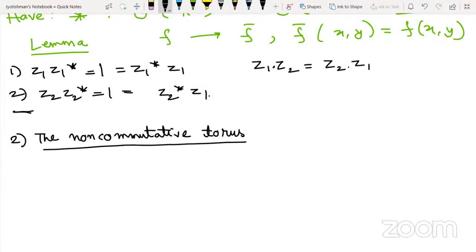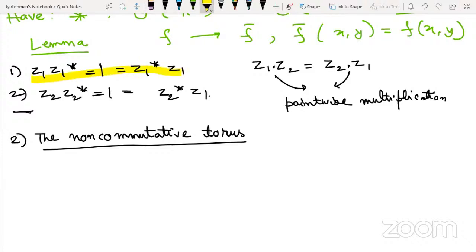This multiplication is the operation of pointwise multiplication, and of course they commute. The reason I wanted to introduce all this trivial notation is to attract your attention to just these three equations.